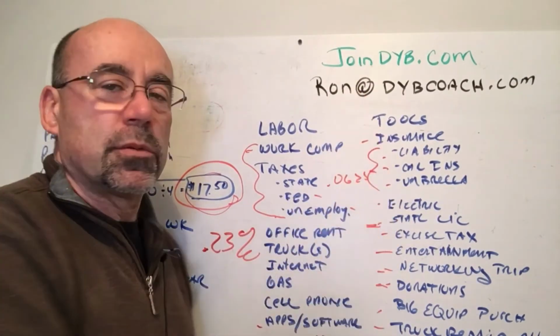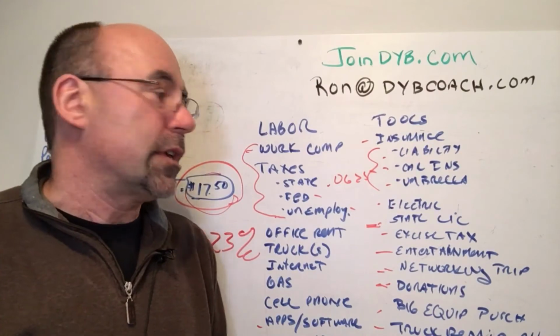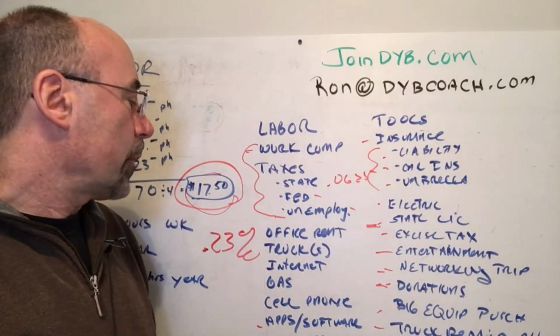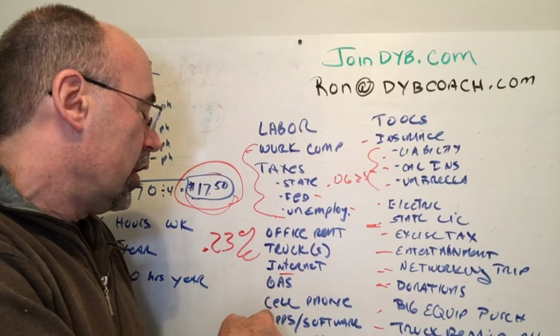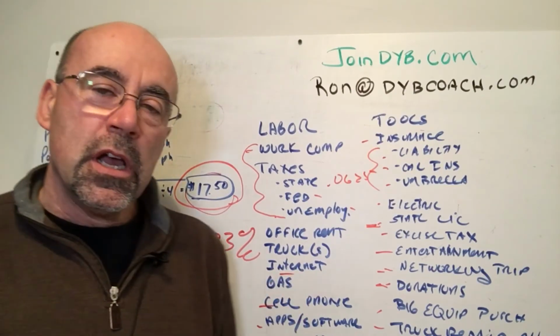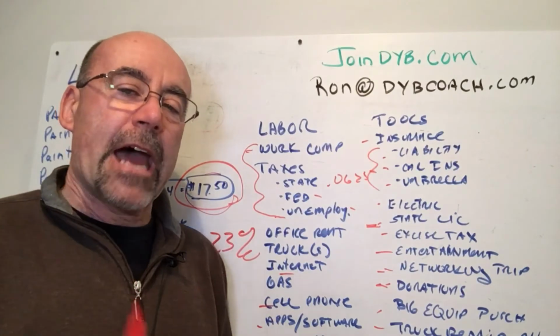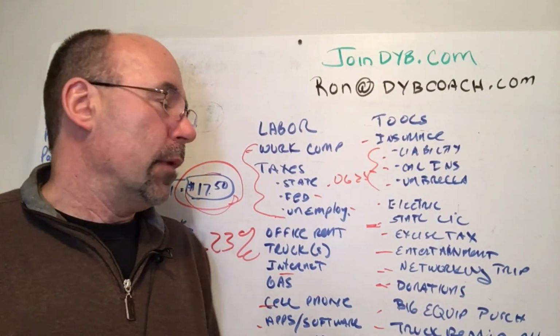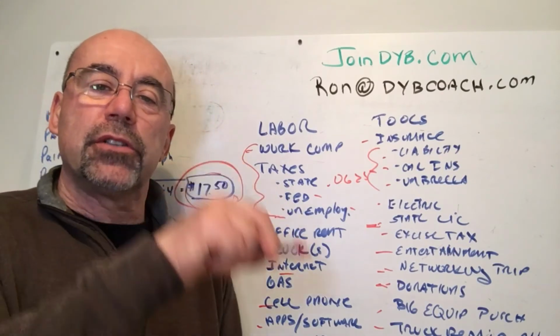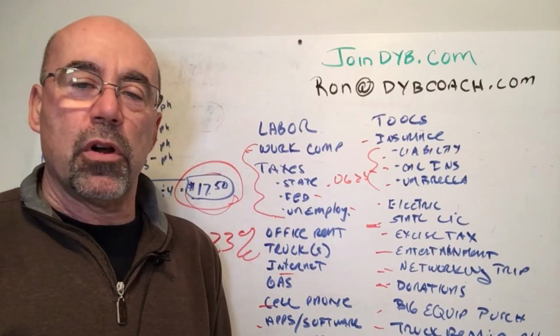Some of your insurances won't change. Obviously, workman's compensation will change. Also, your office rent's not going to change. Your internet's not going to change. Your cell phone's not going to change. So there's a lot of things that by adding additional workers, increasing your workload, how much you can get done, you're actually going to reduce your overhead cost per person.